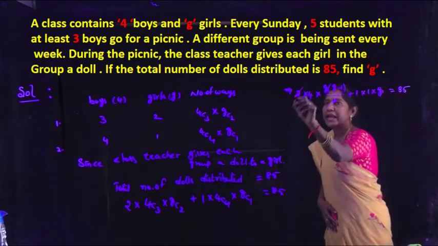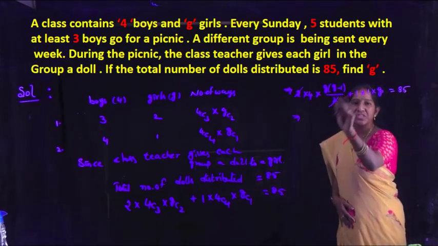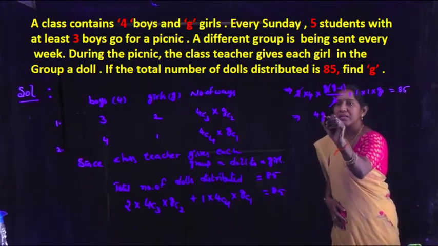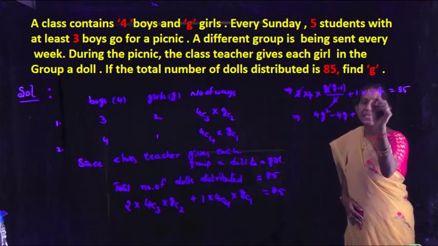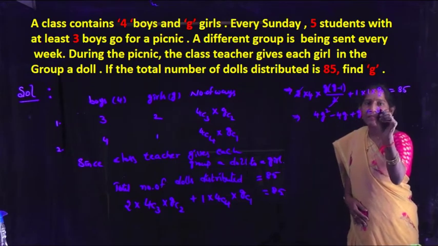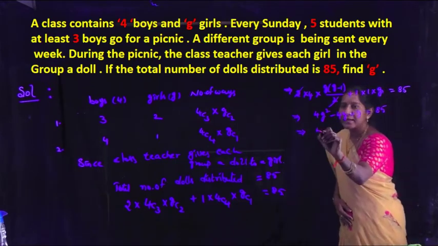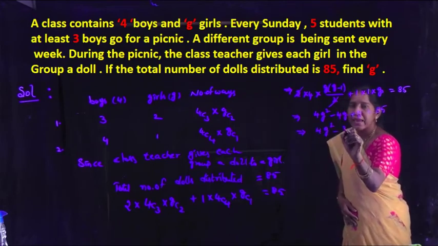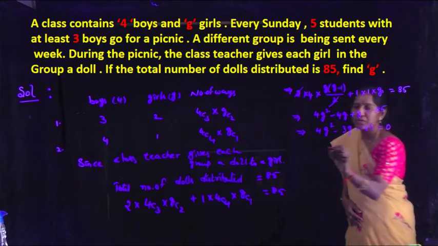So these 2 get cancelled. By multiplication, 4G into G minus 1 is 4G square minus 4G plus G plus G equal to 85. Write the equation on one side, then it is 4G square minus 3G minus 85 equal to 0.